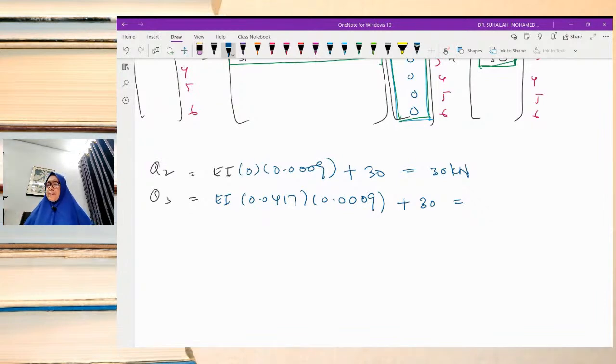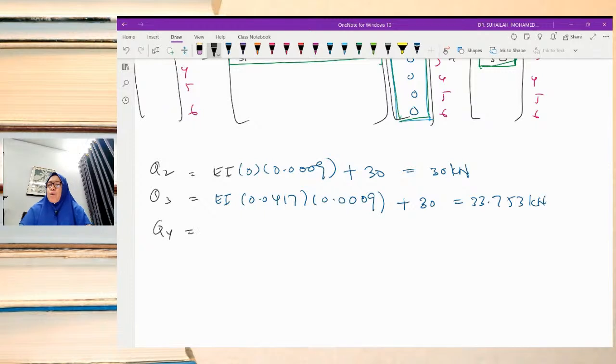The answer is 33.753, so it is 33.753 kilonewton.